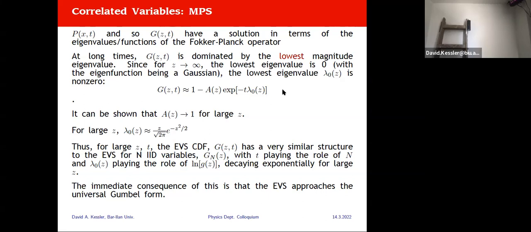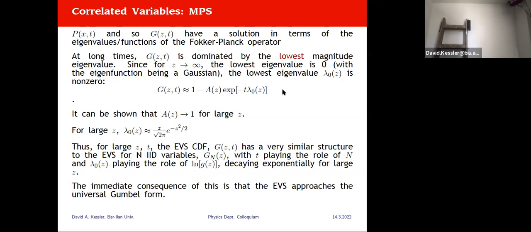So for large z, the EVS CDF, the extreme value statistic CDF, which is G, has a very similar structure to the EVS for n IID variables, Gn, that we were discussing in the first part of the talk. The only difference is that instead of n, we have t, and instead of log g, we have lambda naught.